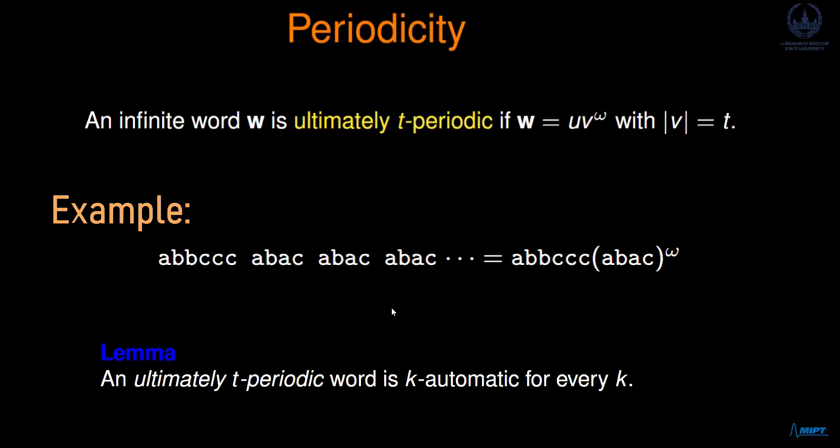The regularity of periodic repetition fits well with the structured behavior of automata, which makes them ideal for representing such sequences. In summary, periodicity is closely tied to automata theory, and ultimately periodic sequences are guaranteed to be k-automatic, reinforcing the connection between repetition and the regularity that automata capture.